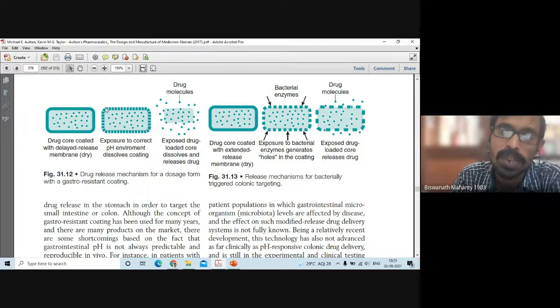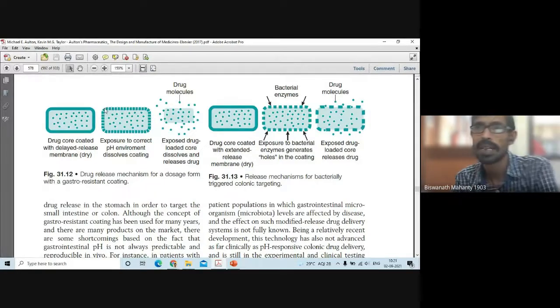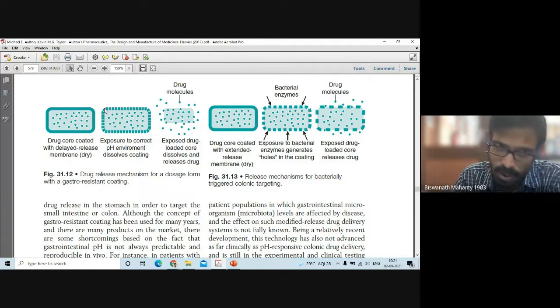The coat will dissolve. So for example, the coat is stable at low pH, but if it goes beyond pH 7, alkaline pH, the membrane is unstable. So maybe you can make a proteinous coat also, which is not going to be soluble in alkaline conditions. So when it is reaching the colon or maybe the small intestine or larger intestine, the pH is not acidic, right?